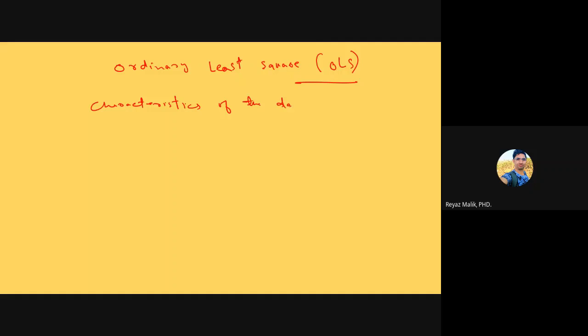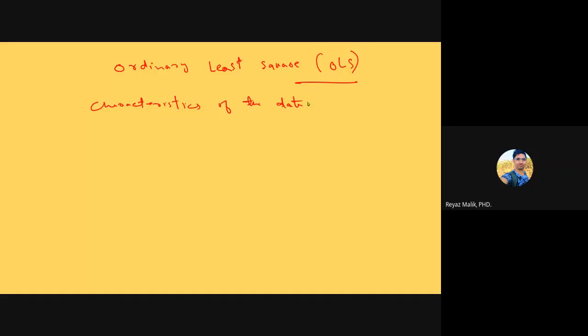I am writing it online, so it goes random, just adjust. I will write big words. Any model you select, whether it is OLS, whether it is GLS, whether it is ARDL, whether it is a VAR model, or VEC.